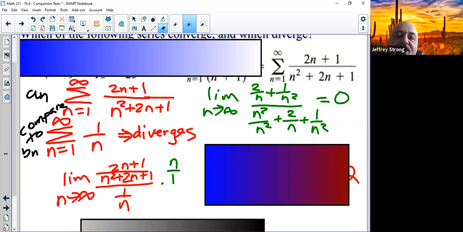Or what I can do is divide everything here by n, the highest power of n. Then I'm going to get 2 over n plus 1 over n squared, over n squared over n squared plus 2 over n plus 1 over n squared.